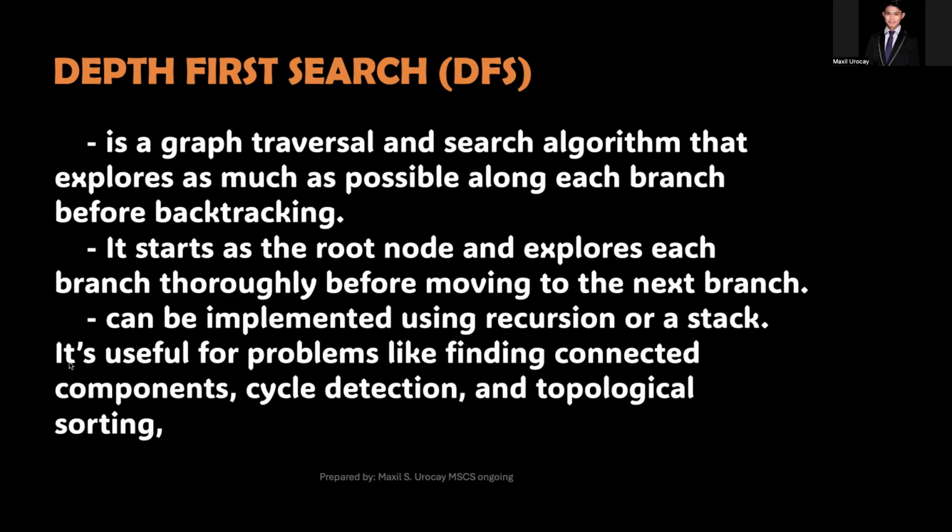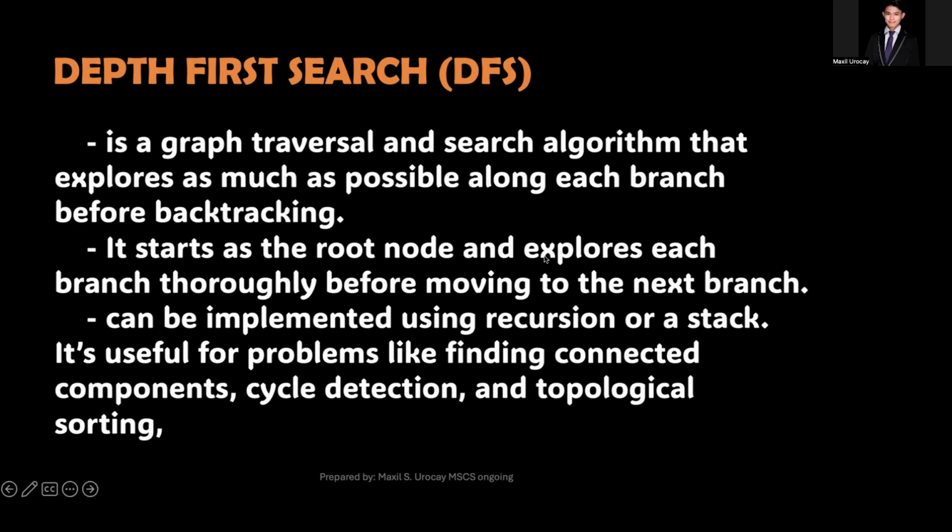So we go into the depth of the tree or the graph first before we deal with the backtracking algorithm. When we say backtrack, you have to go back into the path that you visited earlier, so that you can check other ways that were not visited yet.